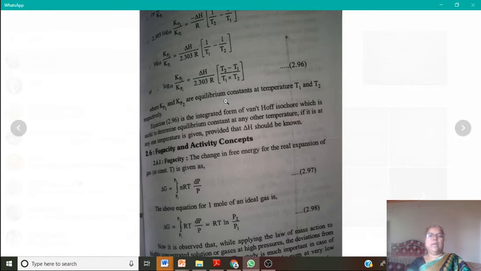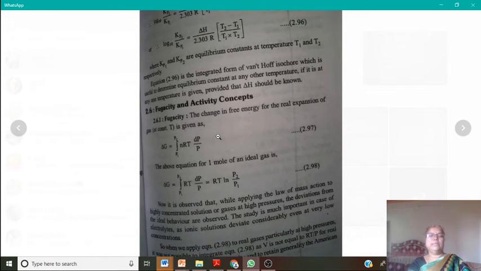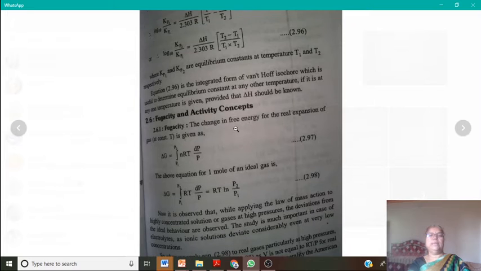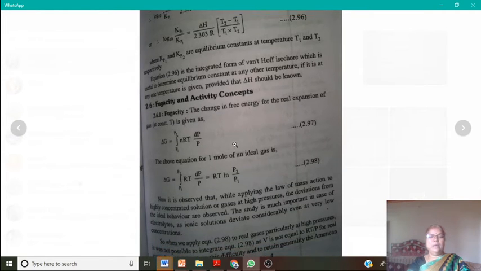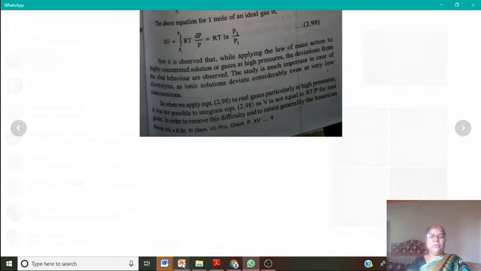Then, as per your syllabus, the next point is the fugacity and activity concept. At first, I will explain fugacity.